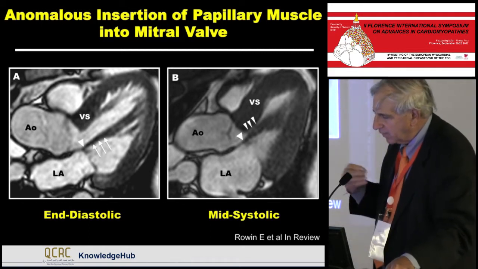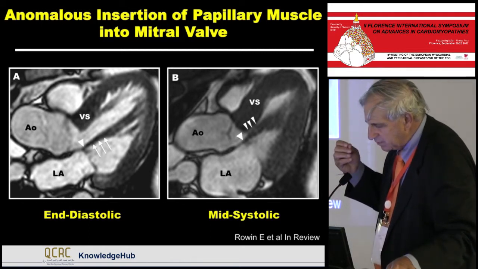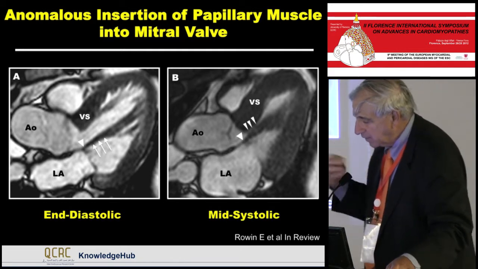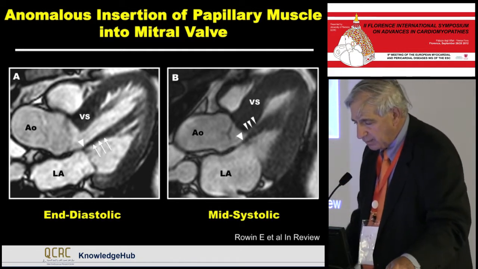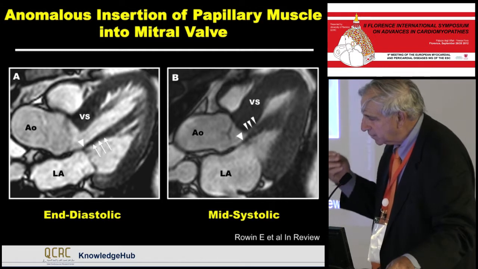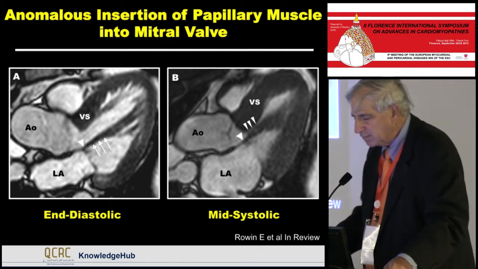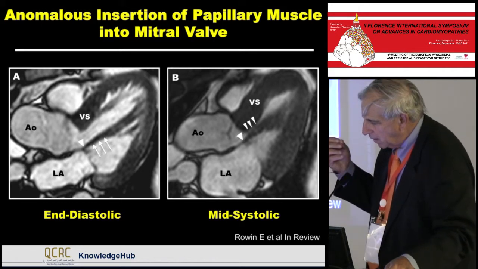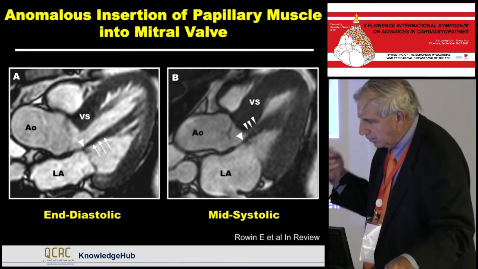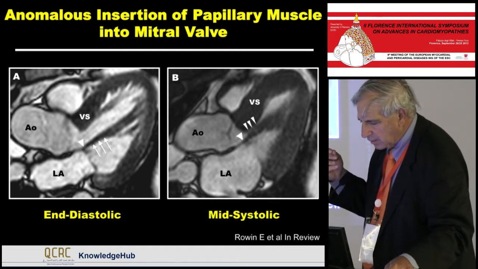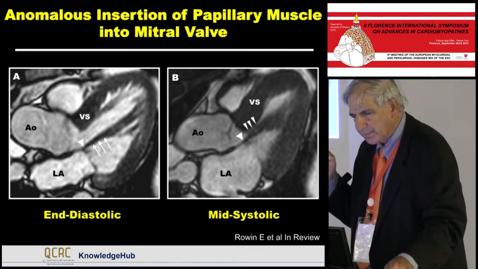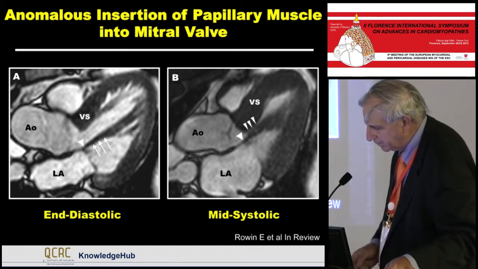Another mechanism of left ventricular outflow tract obstruction, which is muscular and doesn't have anything to do with SAM, is the anomalous insertion of the anterior lateral papillary muscle into the mitral leaflet, which is very important. Although uncommon, its recognition is crucial to the operating surgeon.